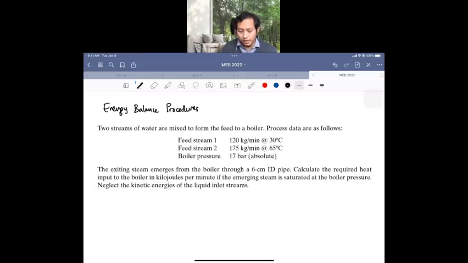We have some data sets: stream 1, stream 2, boiler pressure. The exiting steam emerges from the boiler through a pipe with this internal diameter, and then calculate the required heat to the boiler in kilojoules per minute. This is the unit that we are going to follow, if the emerging steam is saturated. It's a key point to understand our problem. And at the boiler pressure, neglect the kinetic energy, so we are going to ignore the kinetics.